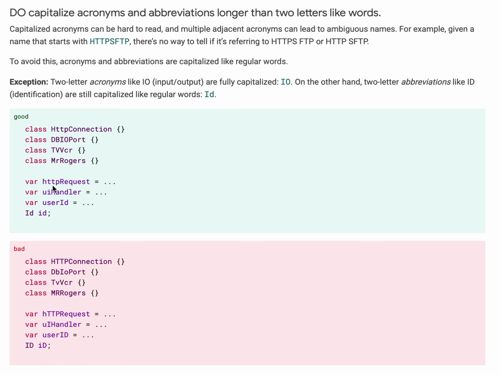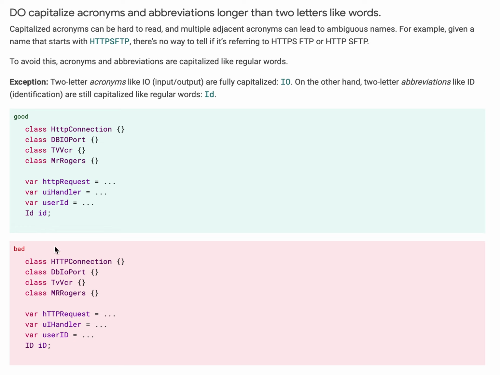Now similarly in the smaller case, so this is like a variable, so it is using lower camel case rather than HTTP capital, and same with the UI handler, and again the user ID. So ID is an abbreviation for identification, okay.